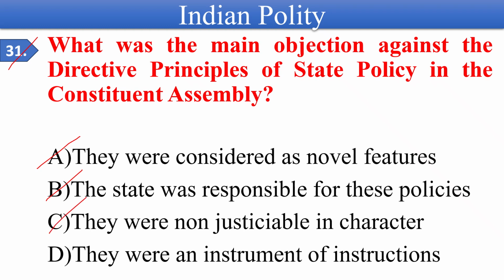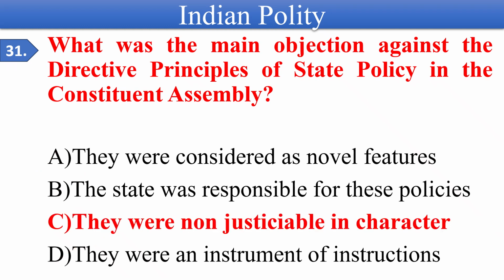Option C. They were non-justiciable in character. Option D. They were an instrument of instructions. And the answer is option C. They were non-justiciable in character is the correct answer.